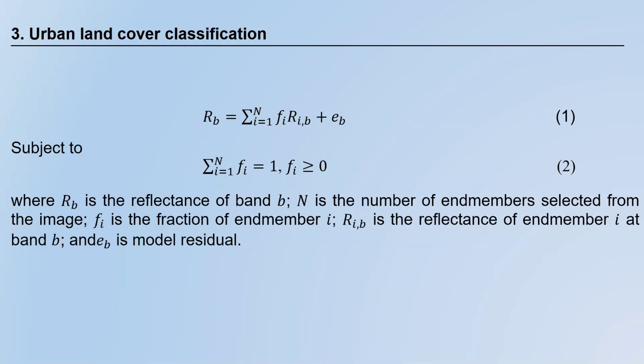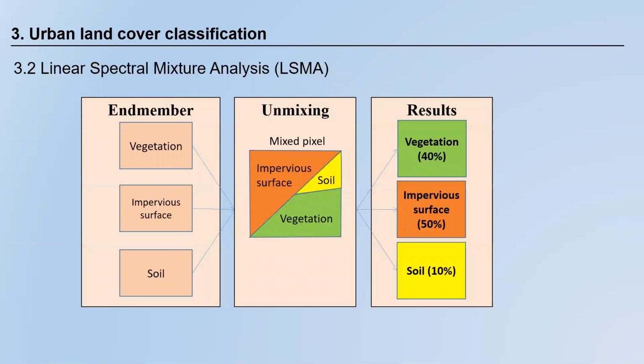That's for sure. But currently, usually LSMA is good enough. We usually consider that the reflectance of a mixed pixel is a linear combination of reflectance of all n members within this mixed pixel. That's good enough.